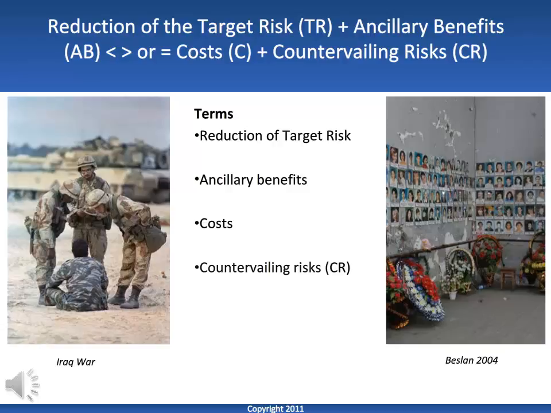So this relates back to the fact that ideally in a risk management process, you would look for the optimal solutions, and that would include identifying what countervailing risks may occur. Unfortunately, what really happens here is that resources, time, money, personnel to look at all these things are not really that available.